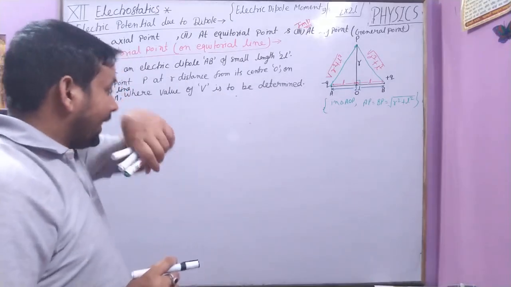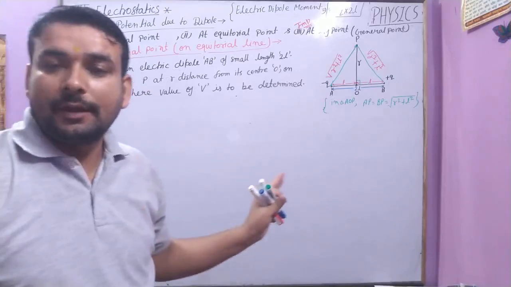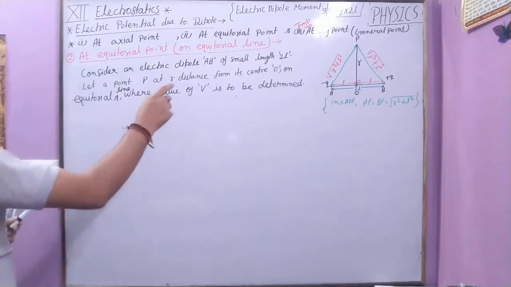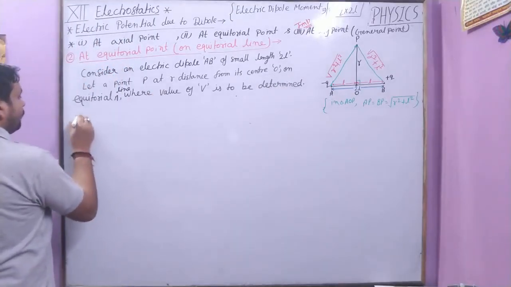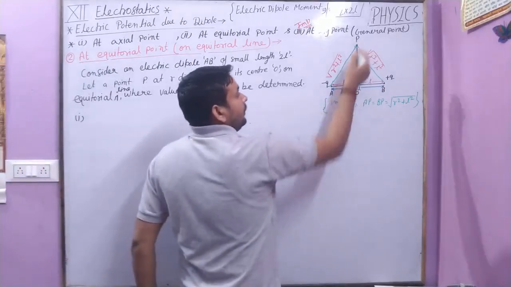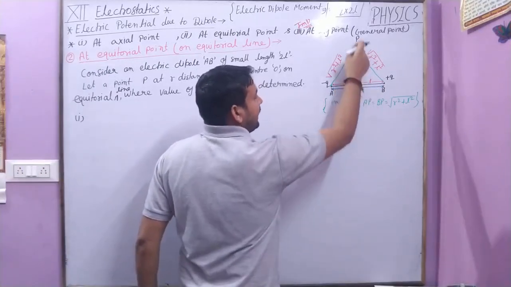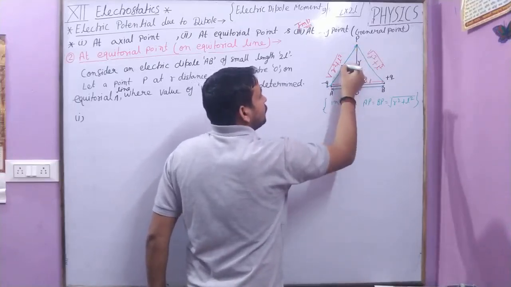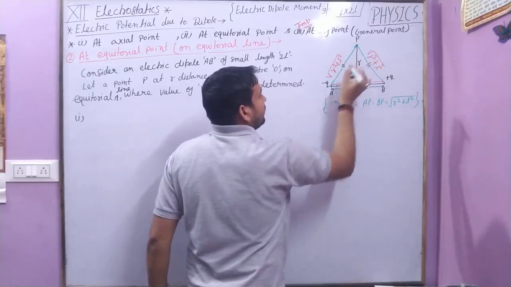Again, as we did for the axis case, we do as usual here. For the first case, understand that this is an equal distance and this is r for both, so these two are equal to each other.